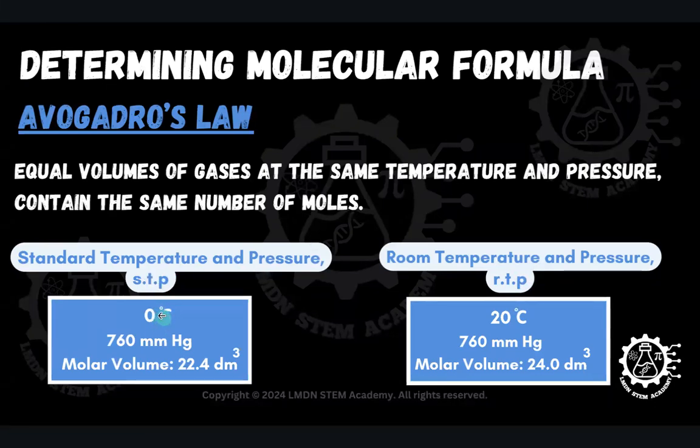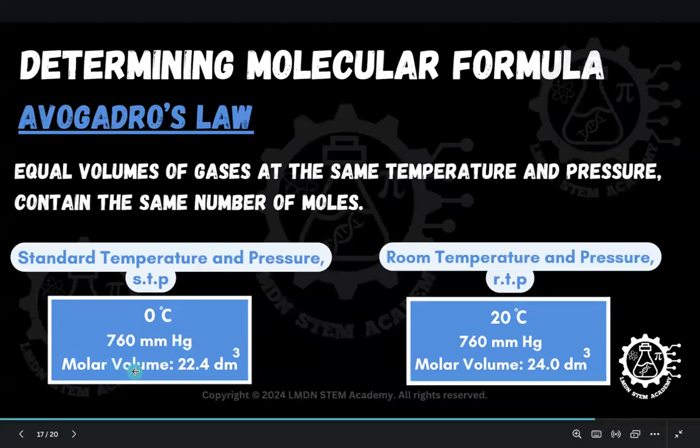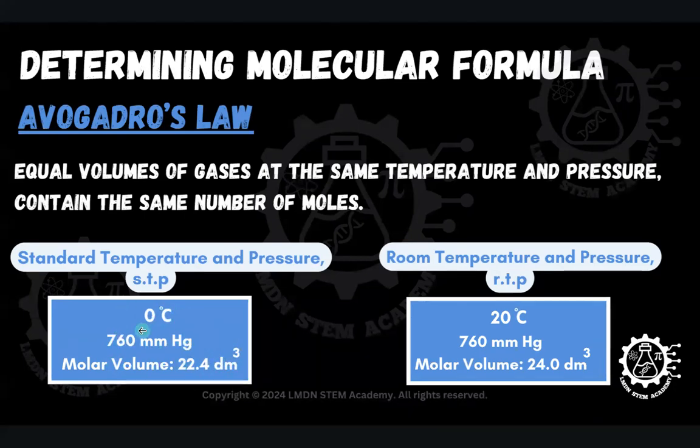STP means that we're at a temperature of 0 degrees C, pressure of 760 millimeters of mercury, and 1 mole of gas will occupy 22.4 dm cube under these conditions.